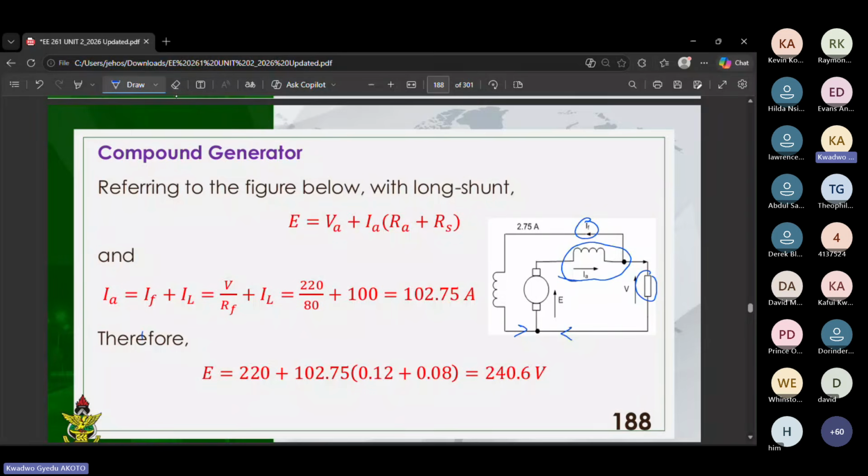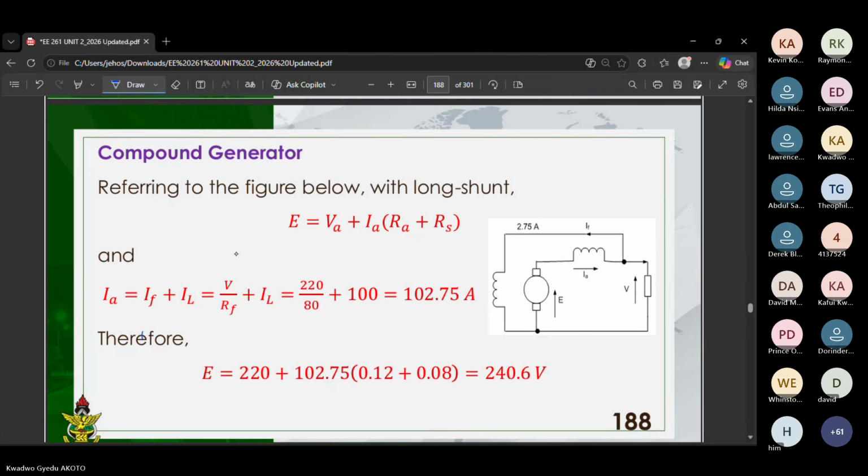So for us to know that, from here, if we take KVL, we can see that our V, which is VA, is equal to EA minus IA times our series field resistance, right? So we are taking this loop, okay?